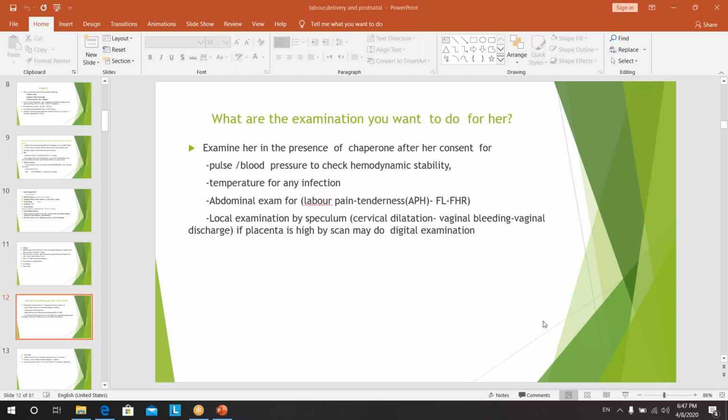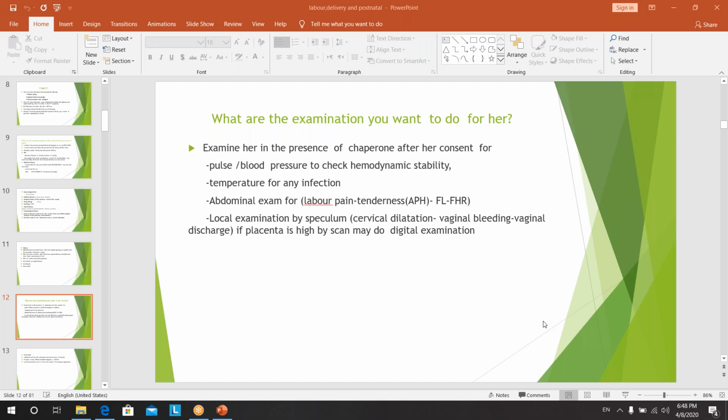Sir, I have one query: in any preterm cases, confirmed preterm cases or history like this, and whether GBS status is declared or not declared, whether we know GBS is positive or negative, irrespective of that, we have to give her antibiotics?